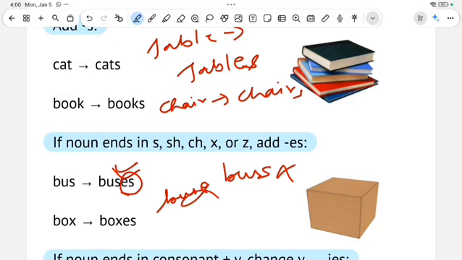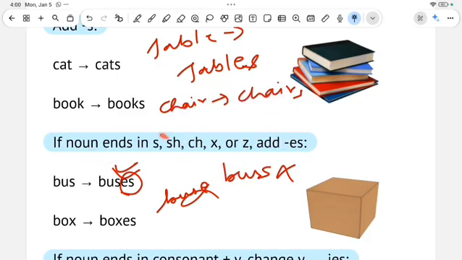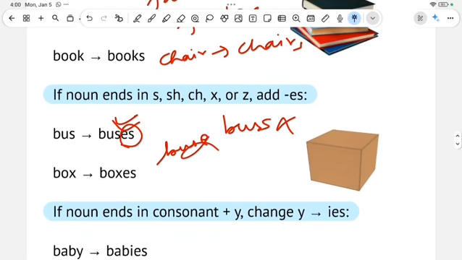As you can see here, we have to write es. When does this happen? If our noun ends in s, sh, ch, x or z, we always have to add es. Like here our word box ends with x, so we have to add es.